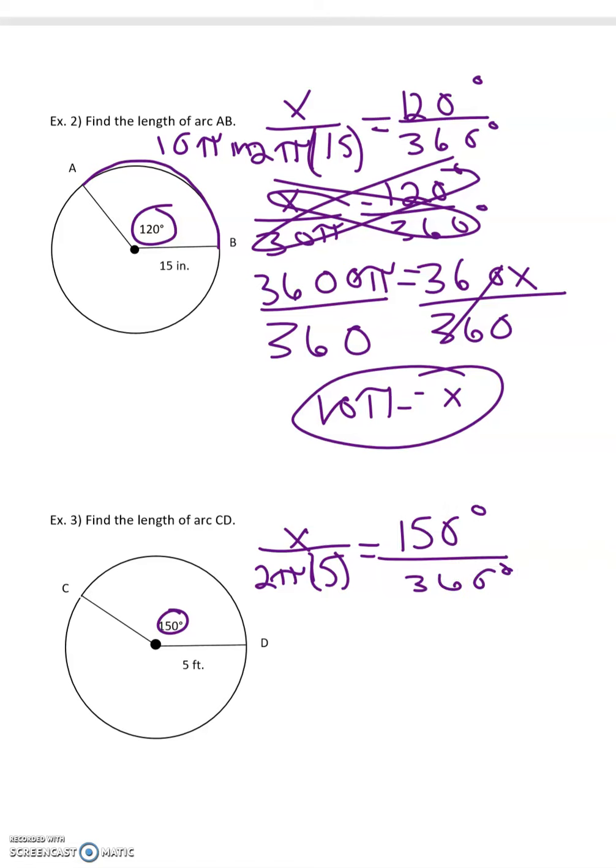If you did this one on your own, you'll notice that 360 doesn't go into 1500 evenly. Not all of your numbers are going to come out perfect. That's okay. That doesn't mean you did it wrong. In this case, you would just want to find their greatest common factor and simplify the fraction. Their greatest common factor is 60. So if you divide both by 60, you should get 25 over 6 times pi. And that's your final answer.